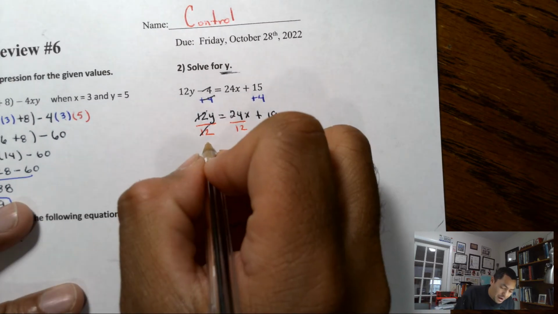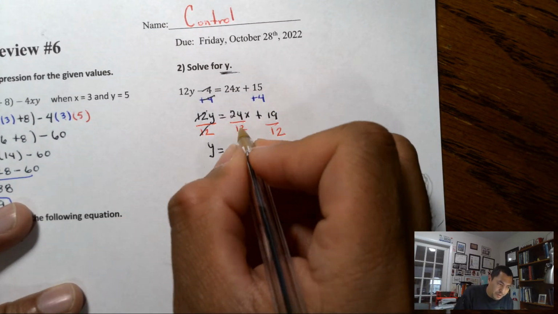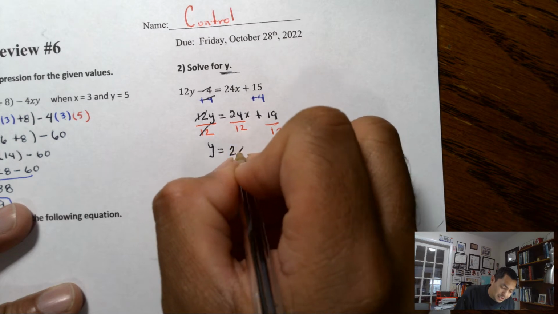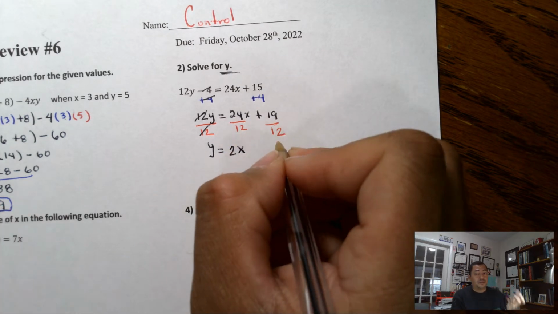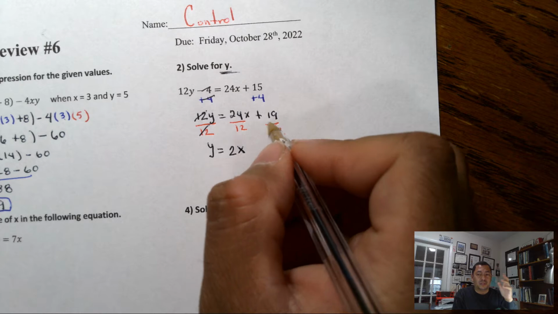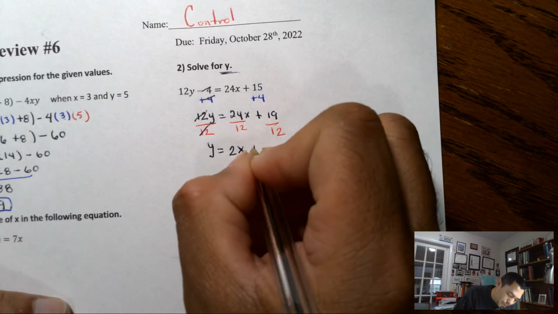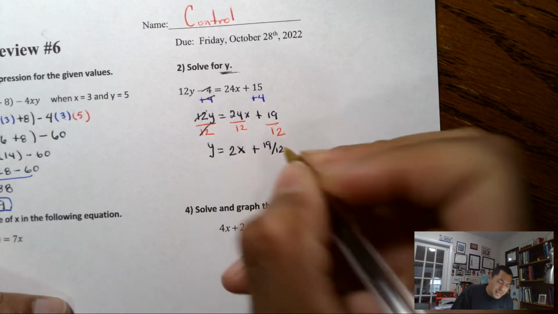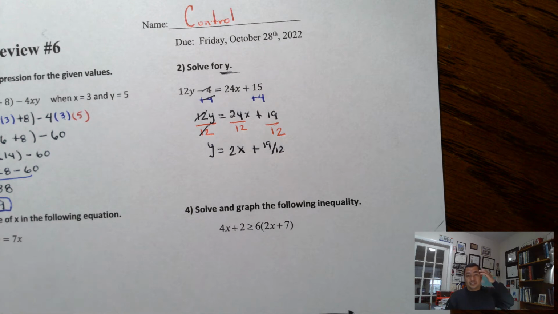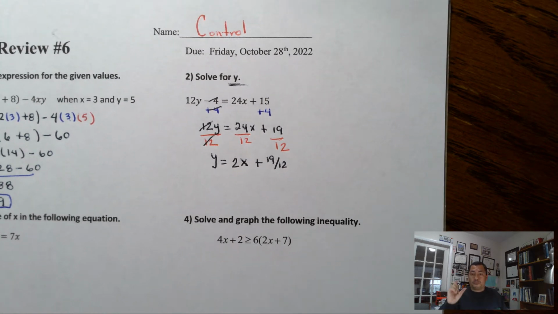So I have y is equal to 24 divided by 12 is 2x. And then 19 over 12, you cannot simplify it. So we will leave it as a fraction. Plus 19 over 12. And sometimes the teacher asks you to round to the nearest hundreds or tens or thousands.